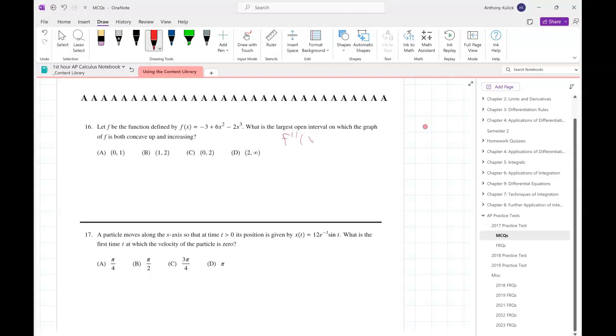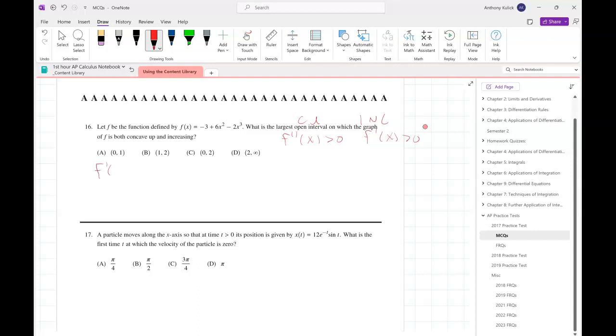Has to be... And then increasing. How to tell if something's increasing? First derivative is positive. So we're going to find where those two things occur and then look at the overlap of where those are occurring, right? Because we need both things to be happening.